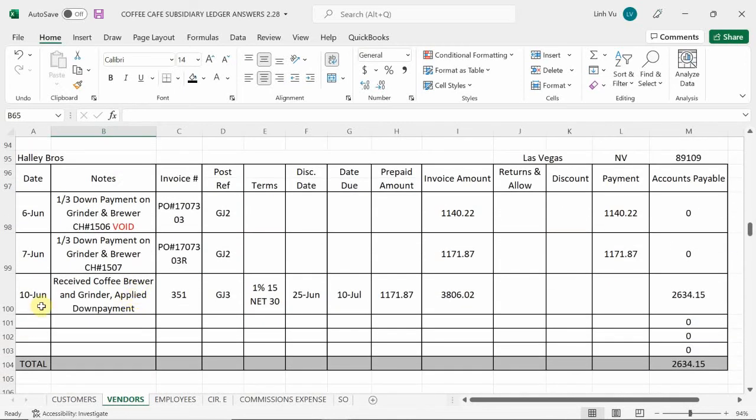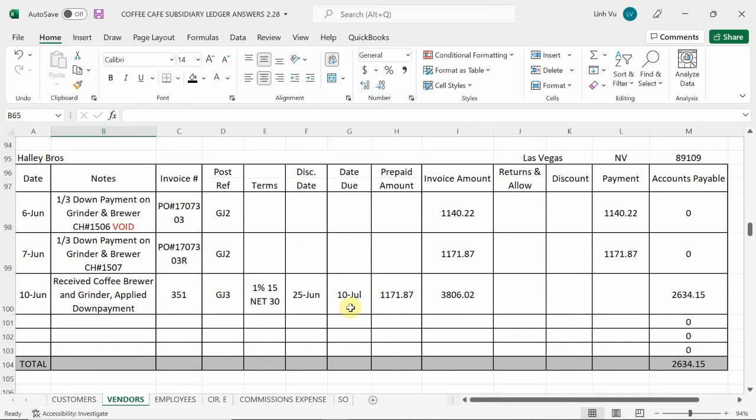We received the bill on June 10 with the coffee brewer and coffee grinder, and we applied the invoice. So that means we are subject to pay either on the 25th or the 10th of July. Today is the 25th. So what happens when we paid on the 25th?